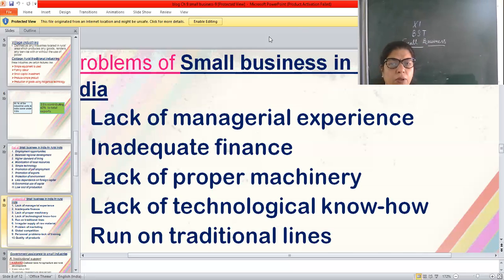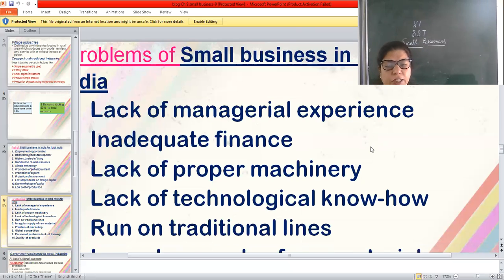Now next, lack of technological know-how. Technological know-how means the big industrialists or the large-scale enterprises have their own research and development, having their know-how, how to use the technology for advancement, for development.